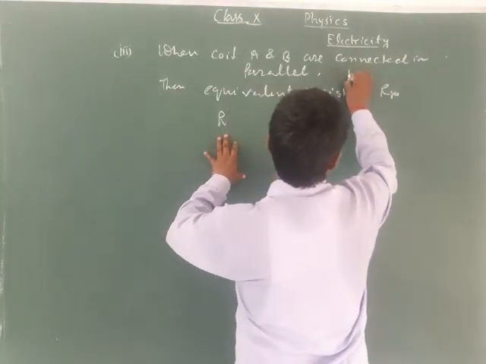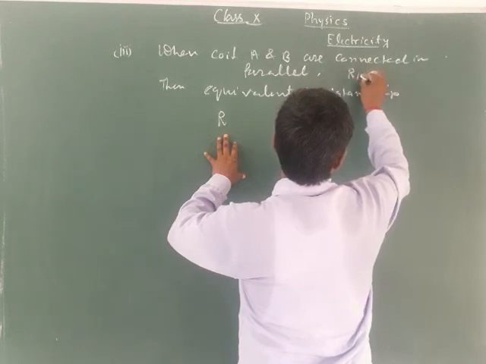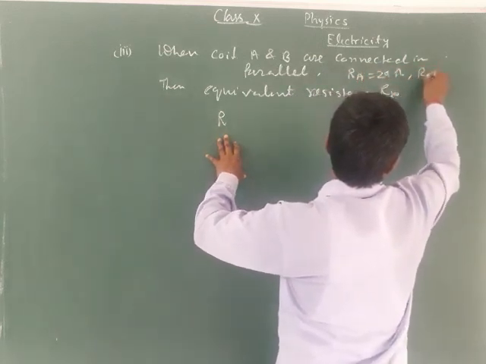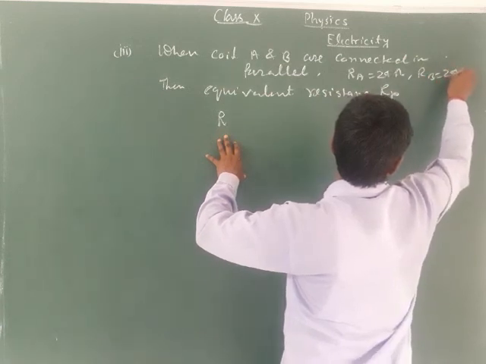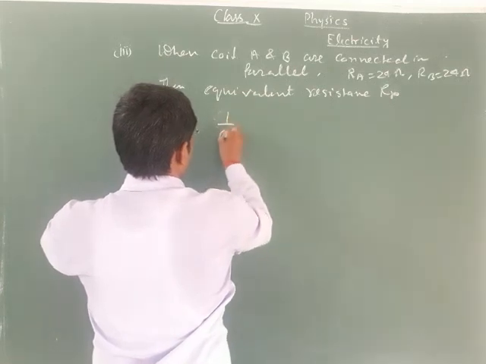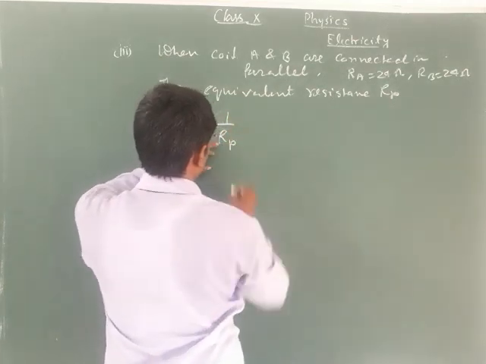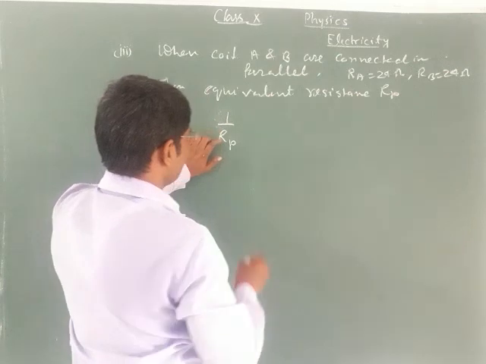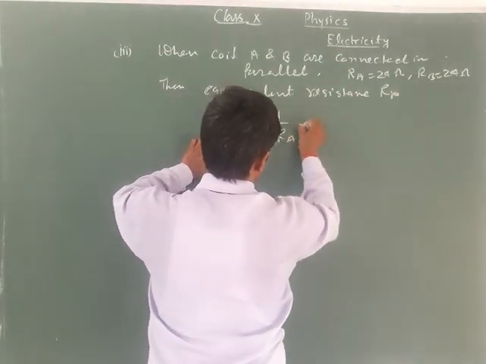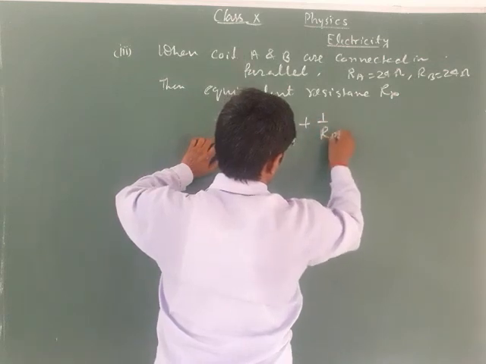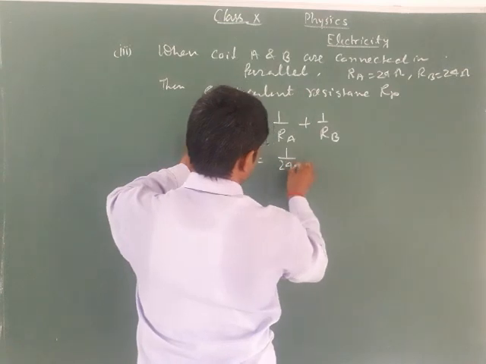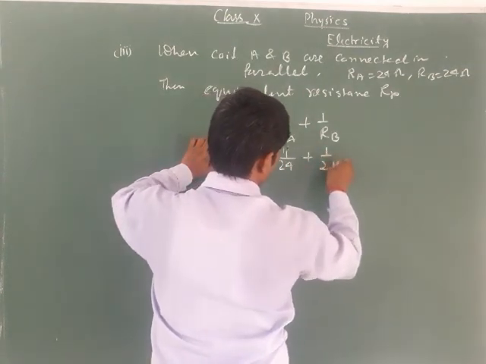Given Ra is equal to 24 ohm and Rb is equal to 24 ohm. So 1 upon Rp, parallel resistance equivalence, is 1 upon Ra plus 1 upon Rb. So 1 upon 24 plus 1 upon 24.